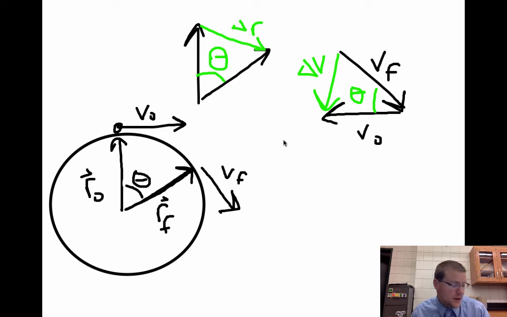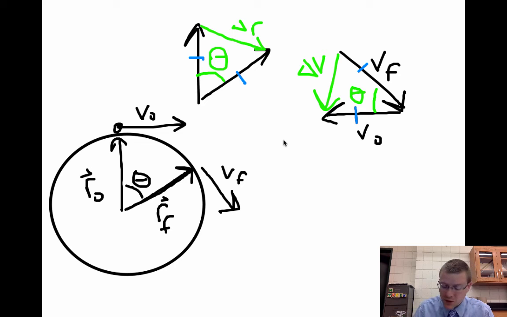So what we get here is this idea of similar triangles. And since the legs of the triangles are identical, this leg and this leg because of the same speed, and this leg and this leg because of the same distance from the center of the circle, we can write a ratio of these similar triangles.